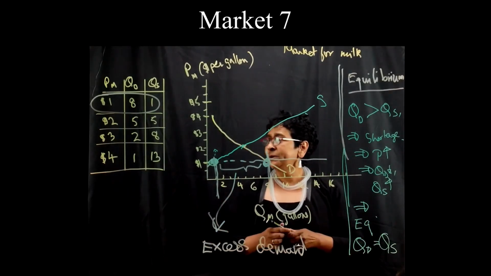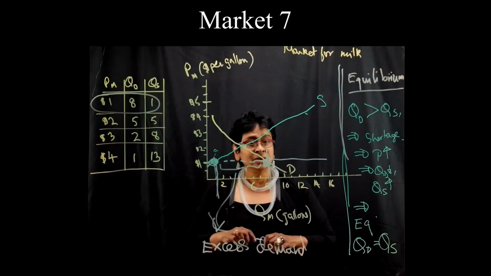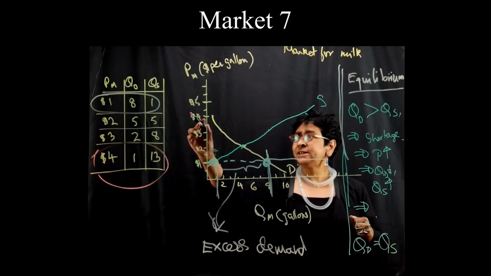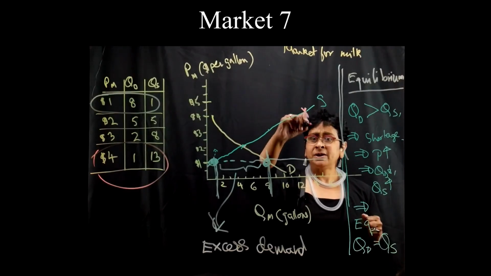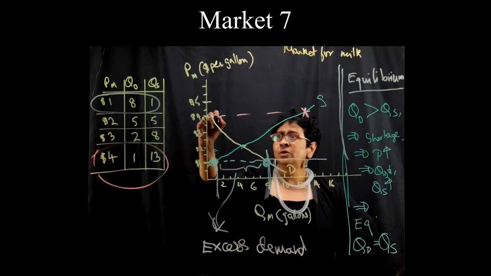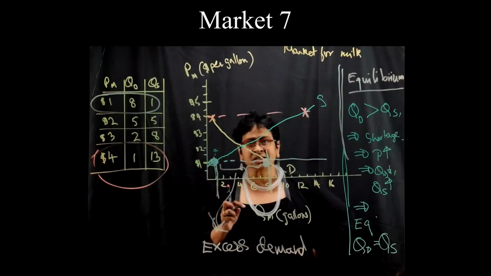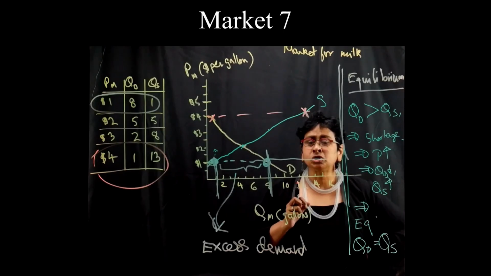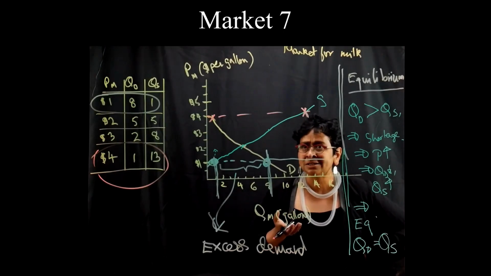Conversely, if we had a situation where the price was at $4, what you would see is that quantity supplied is way out here at 13, quantity demanded is just at 1. In this case, you've got a glut in the market. You've got an excess supply. There's way too much milk in the market, nobody's buying it.